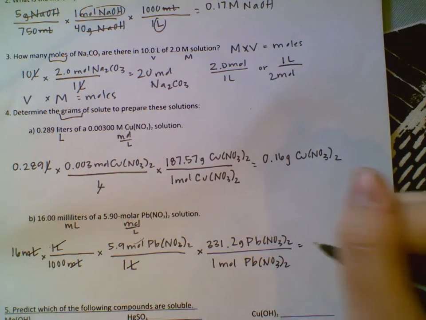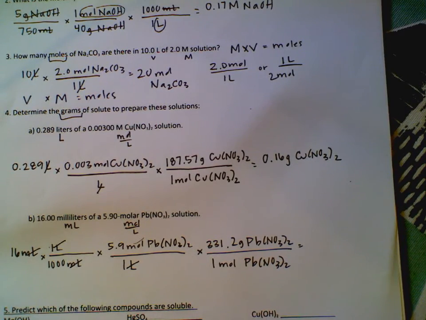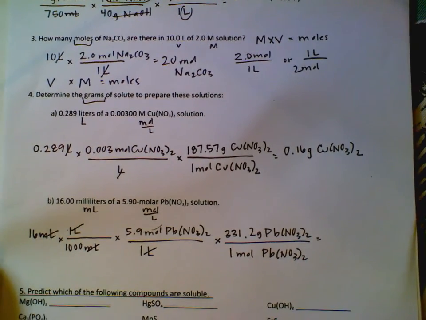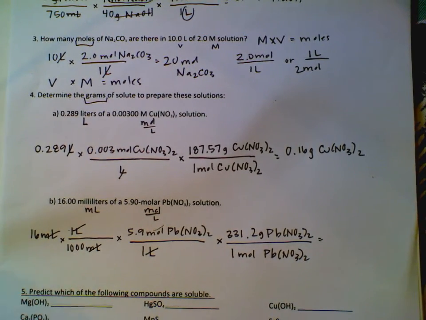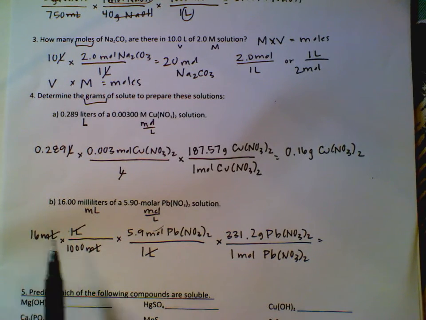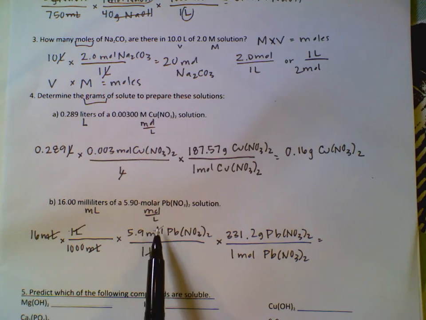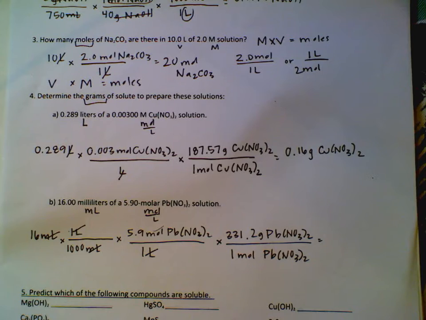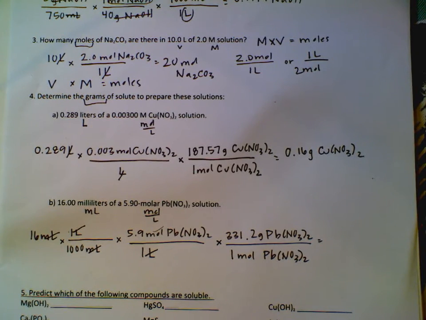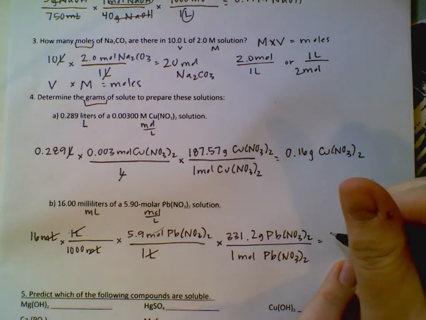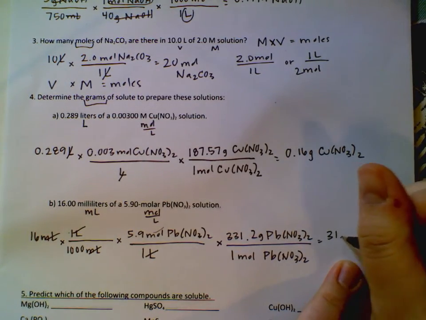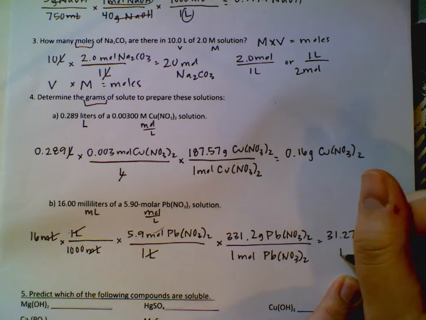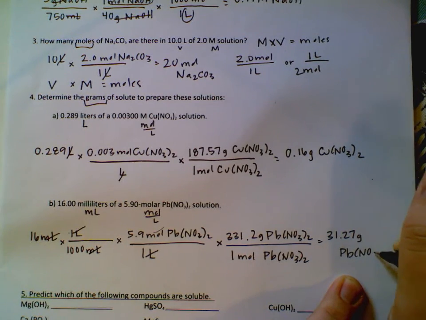When I put this into my calculator, I'm going to multiply by numbers on the top, divide by numbers on the bottom, just like we've done previously. So 16 divided by 1,000 times 5.9 times 331.2. When I put that into my calculator, I get an overall mass of 31.27 grams of the PbNO3 2.